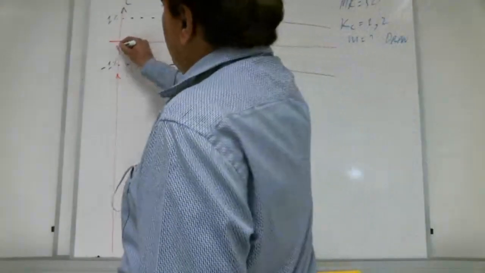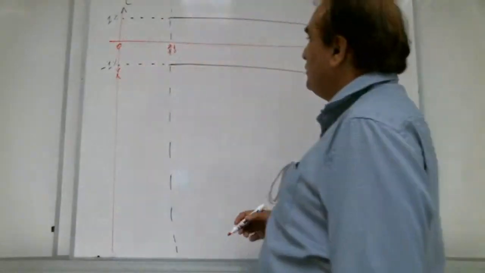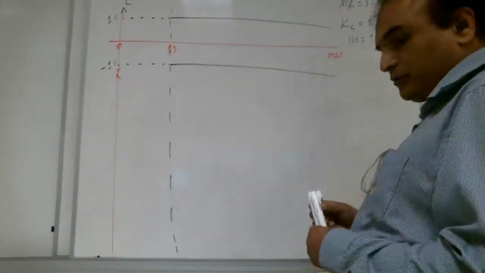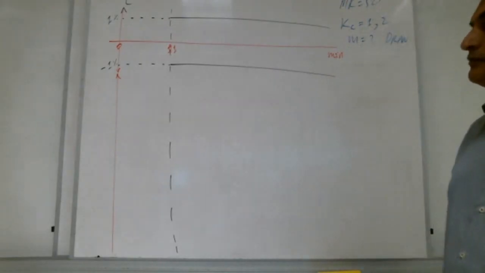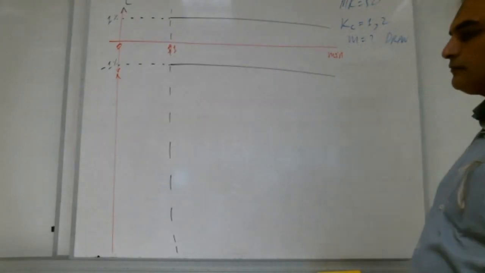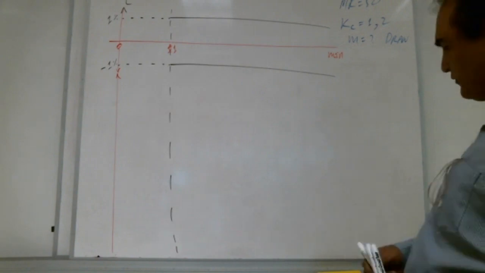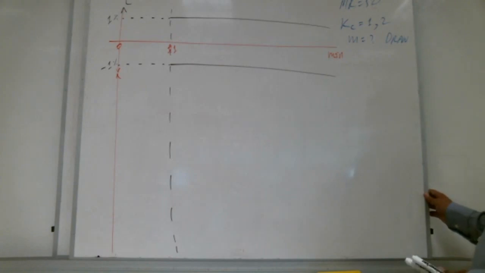This is time 0, and this is time t1, in minutes. It has two parts, teacher. Which ones? The upper one and the lower one, teacher.